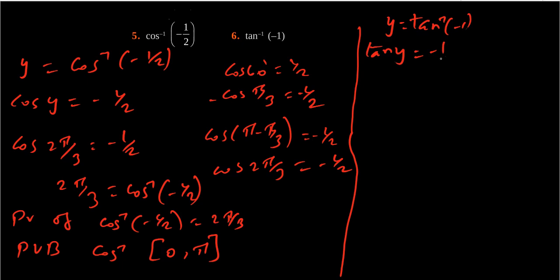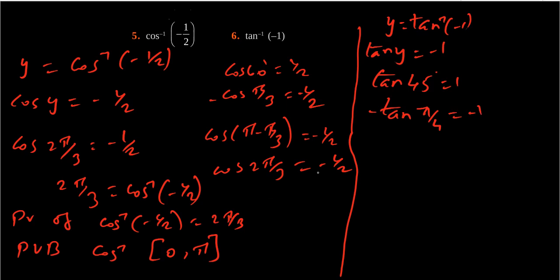At 45 degrees, tan 45 degree is 1. This 45 degree is nothing but pi by 4. So tan pi by 4 is 1. We want to get minus 1, so take minus on both sides. So minus tan pi by 4 is minus 1.